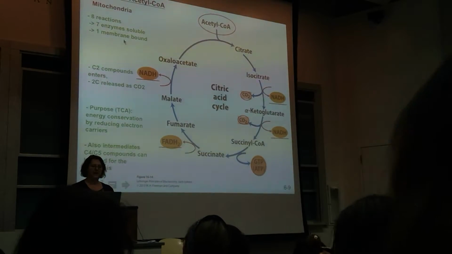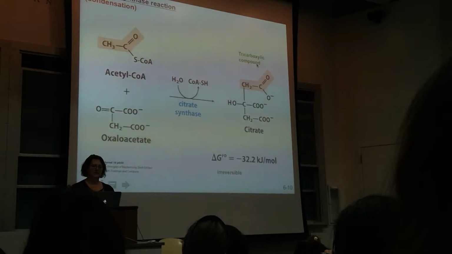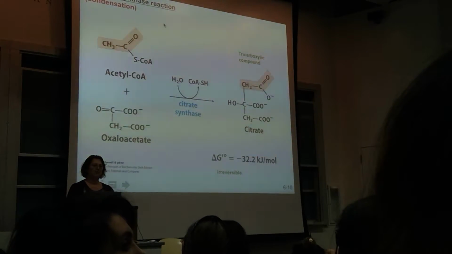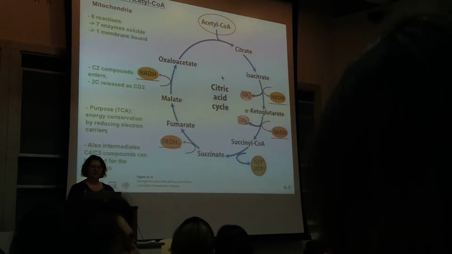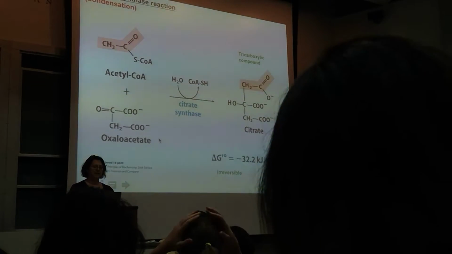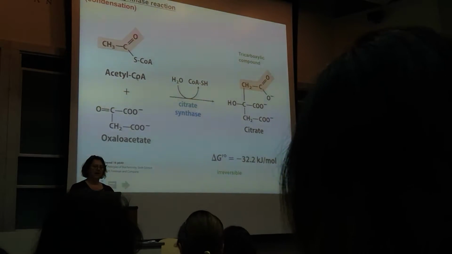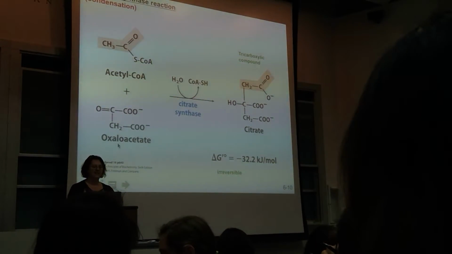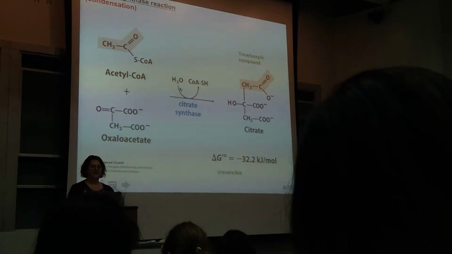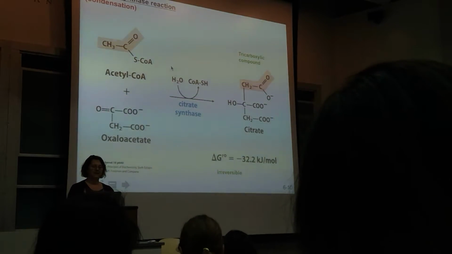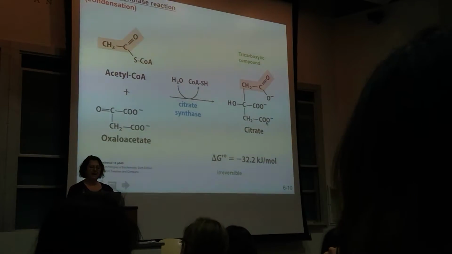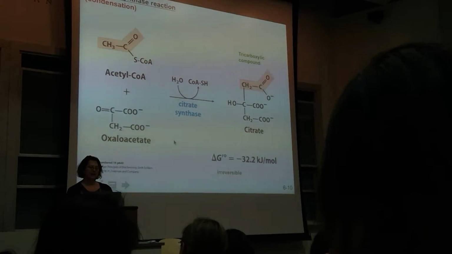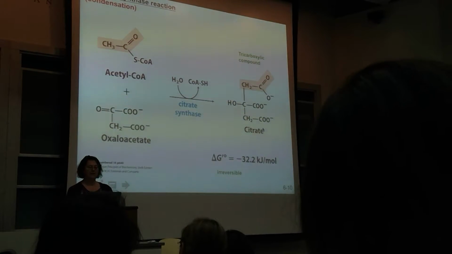So the first reaction is the citrate condensation. So this is a highly regulated first stage. This is where you're combining the acetyl-CoA with the oxaloacetate, and the CoA is coming off and the acetyl is being transferred onto oxaloacetate to make citrate.